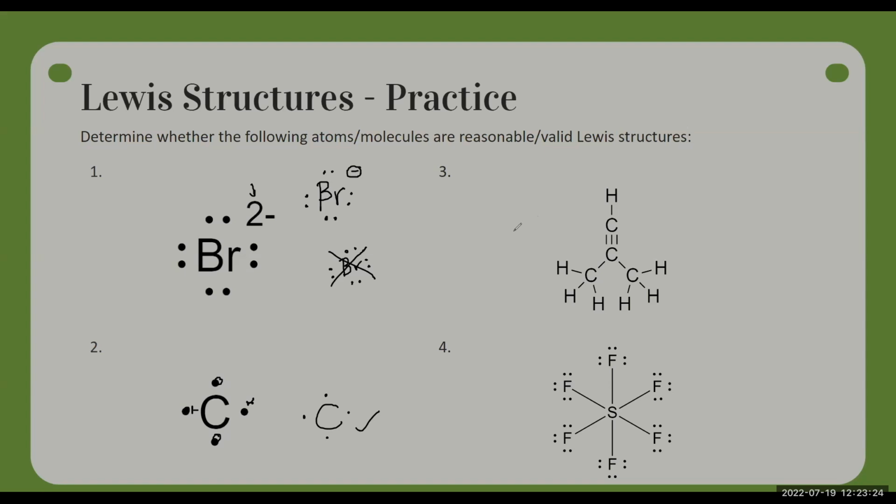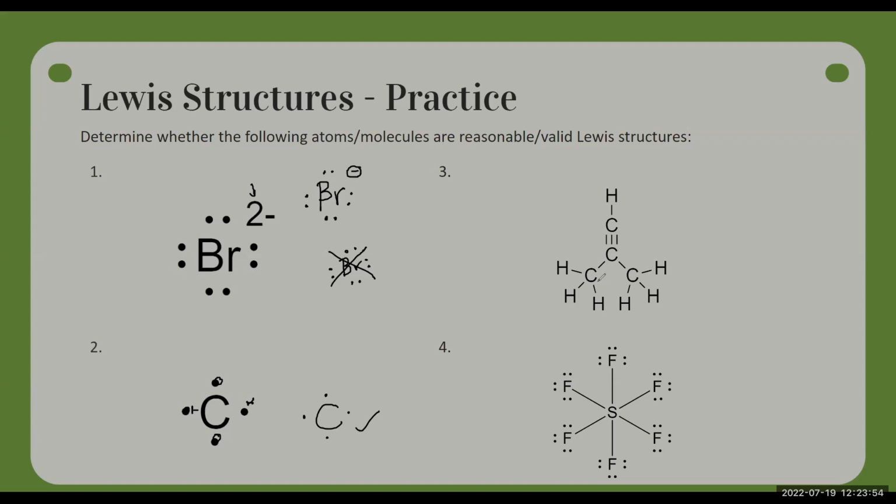Next, moving on to number 3, we have this pretty large molecule. So I'm going to do a little count on each one to make sure that each one has a proper number of valence electrons. So if I do this carbon right here, we can do 1, 2, 3, and then 4. So that would be 4 pairs, therefore 8 valence electrons.